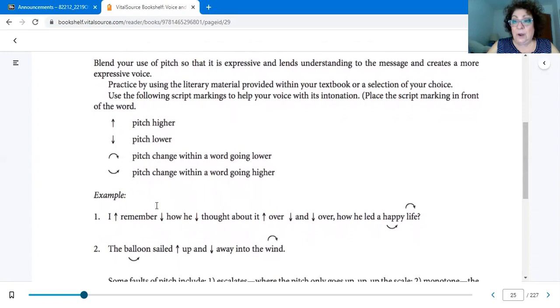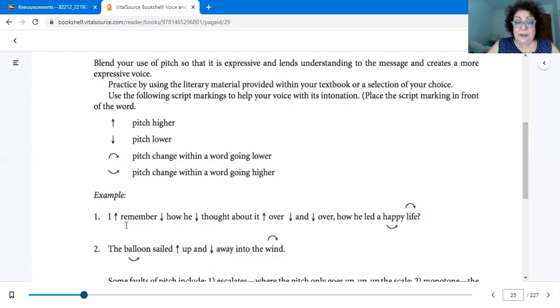Now, we're not going to go, I remember. No, that's too abrupt. When we raise pitch, we go from 2 to 3, 3 to 4, or 3 to 5, but we don't do anything abrupt. And then we place an arrow before the word we want to lower. And then we'll talk about this other one in a minute.